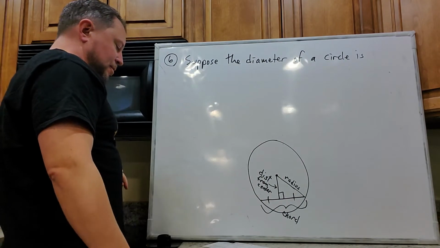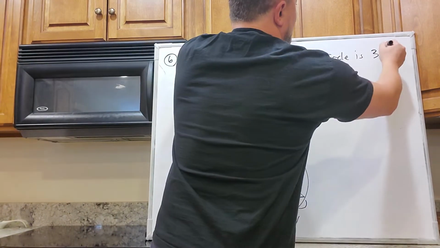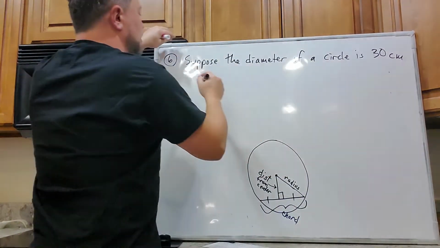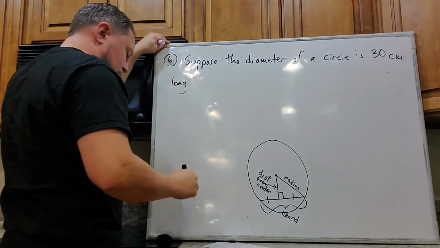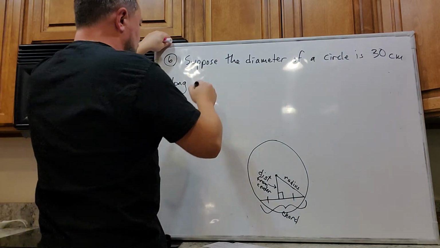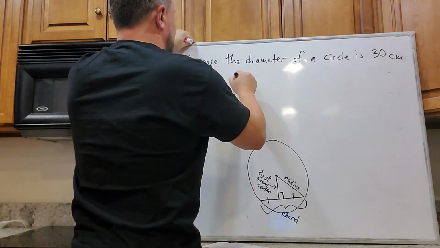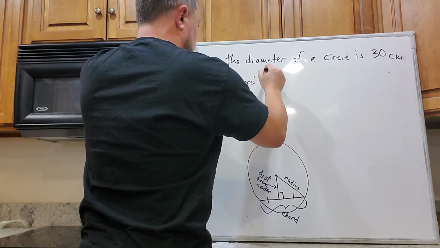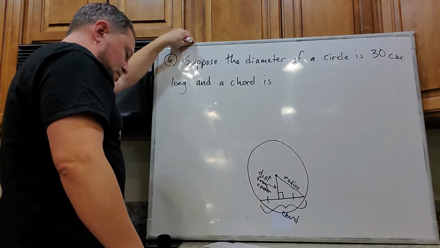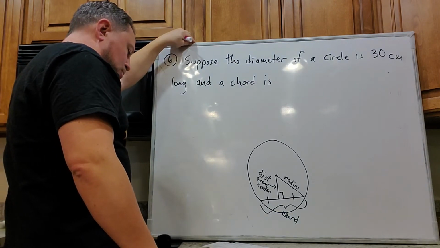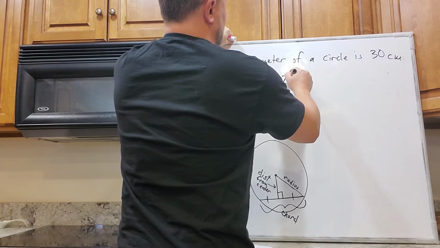Suppose the diameter of a circle is 30 centimeters long and a chord is 24 centimeters long.